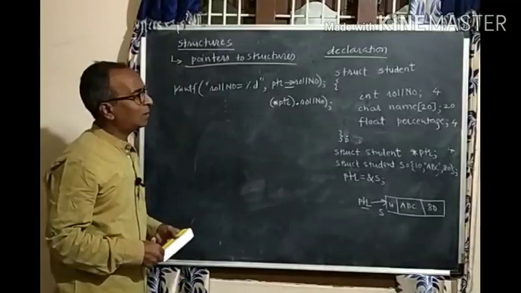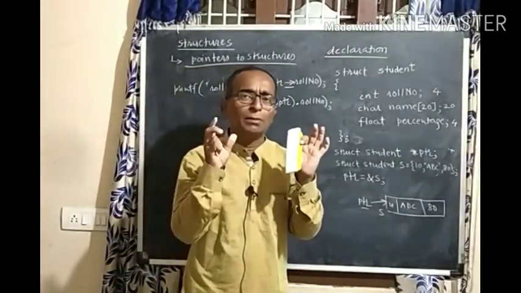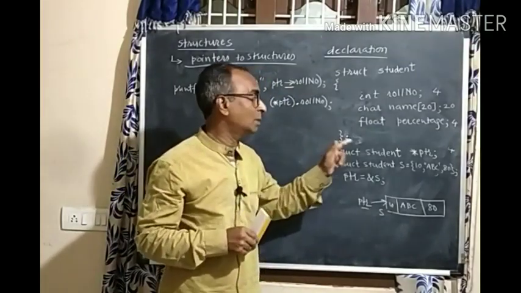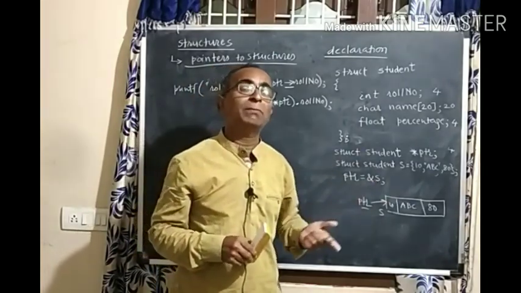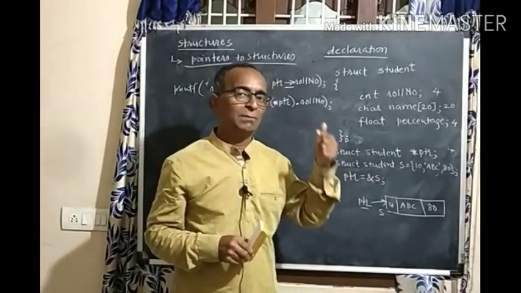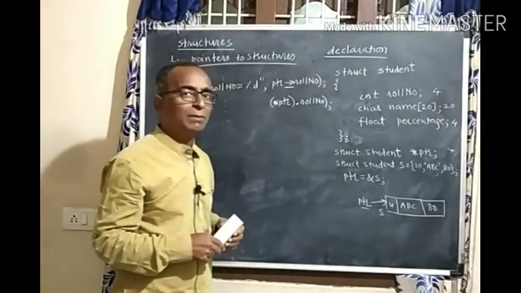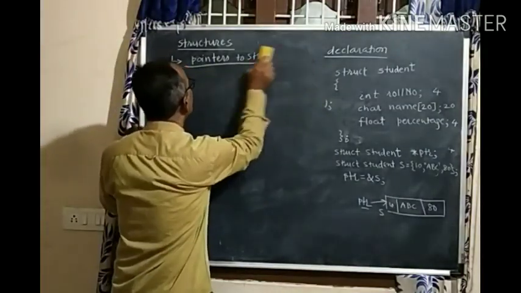Whatever lecture I have taken is only refreshing your concepts of structures, because these concepts are needed for the implementation of linked lists, because we will have a structure pointer and there is a concept of self-referential structures that is also needed.